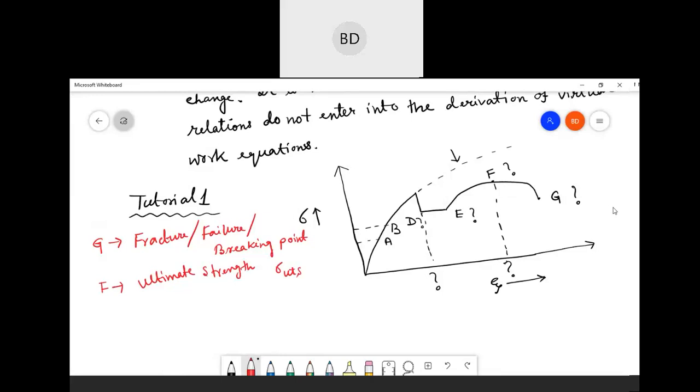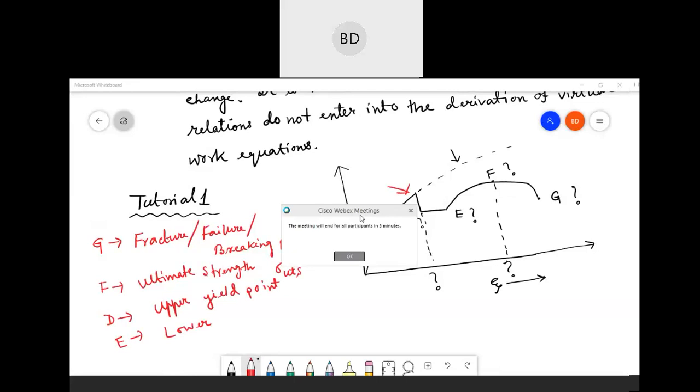So point D is the upper yield point. This point. Upper yield point. Okay. So you write down, point E is the lower yield point. But this type of curve you will not get for other materials. This is for mild steel, mind it. So lower yield point.